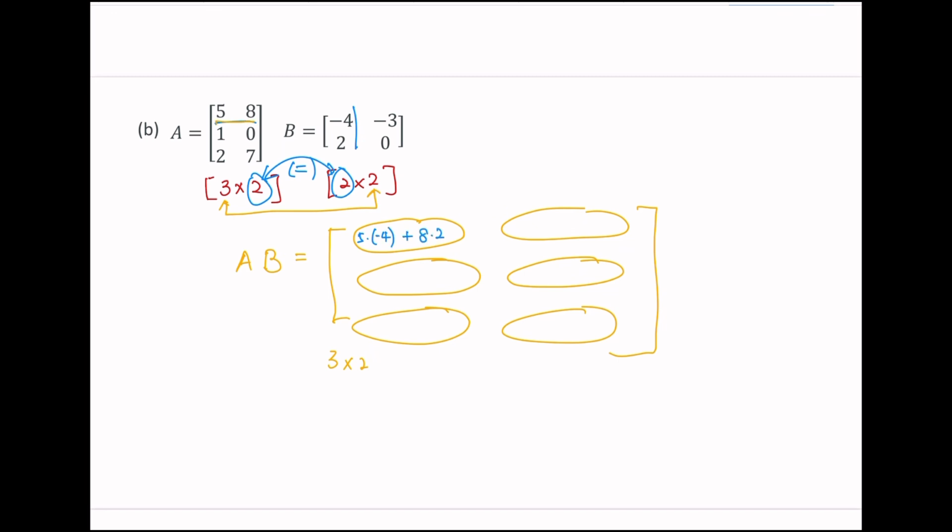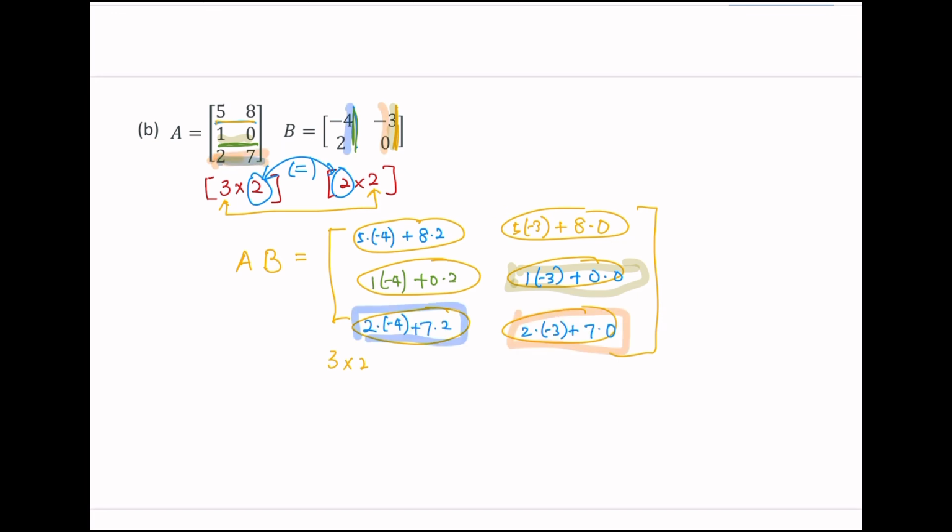First row, second column. Second row, first column. Second row, second column. Third row, first column. Third row, second column. That equals negative 20 plus 16, negative 4. Negative 15 plus 0, negative 4 plus 0, negative 3 plus 0, negative 8 plus 14, positive 6, negative 6 plus 0.